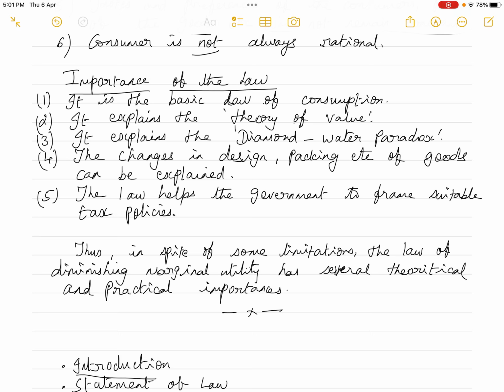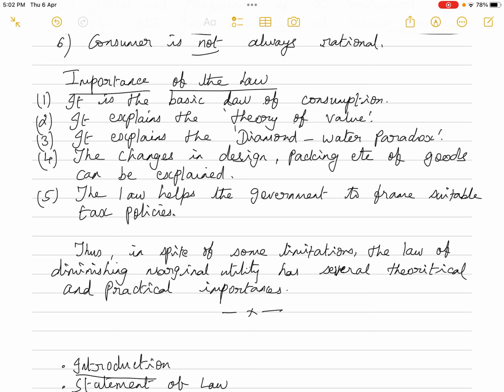Okay, then the fifth one: the law helps the government to frame suitable tax policies. Now what is the connection between the law of diminishing marginal utility and government tax policy? All of you must know about the income tax. Especially in India, we have something called progressive taxation. How is the income tax levied? Higher the income, higher the tax. When the base of income is more, the tax rate is also more. This is directly taken from the law of diminishing marginal utility.